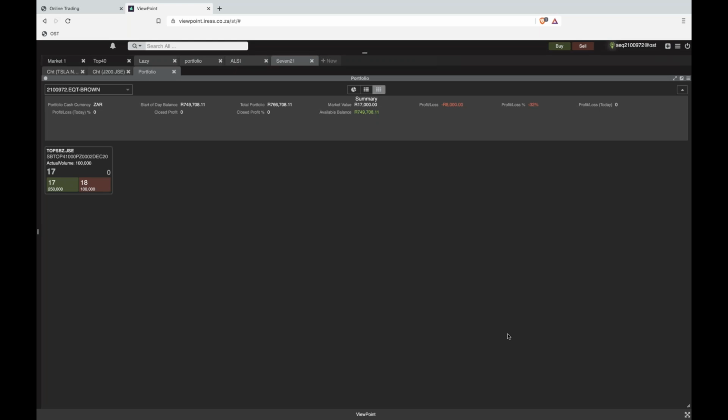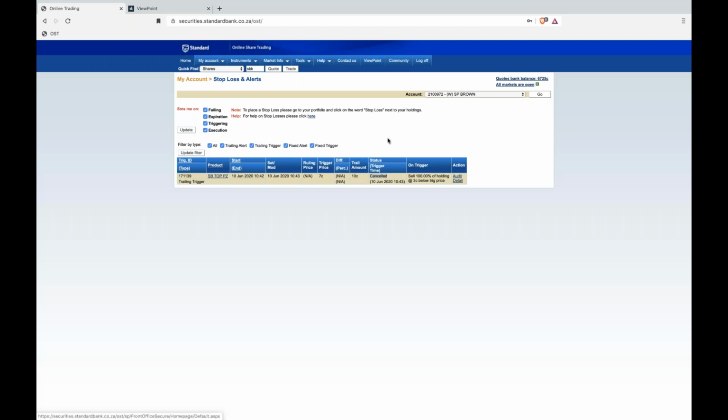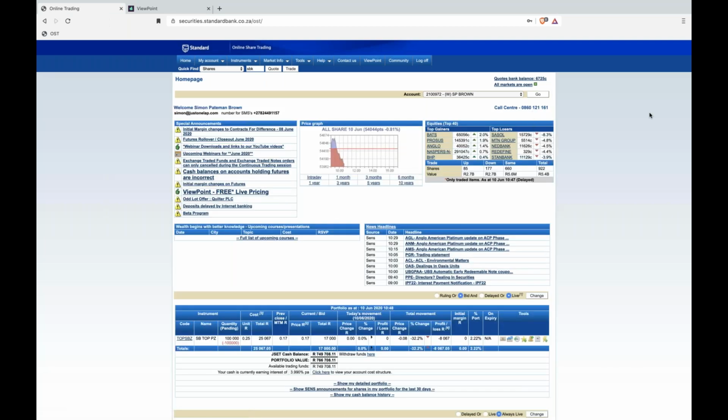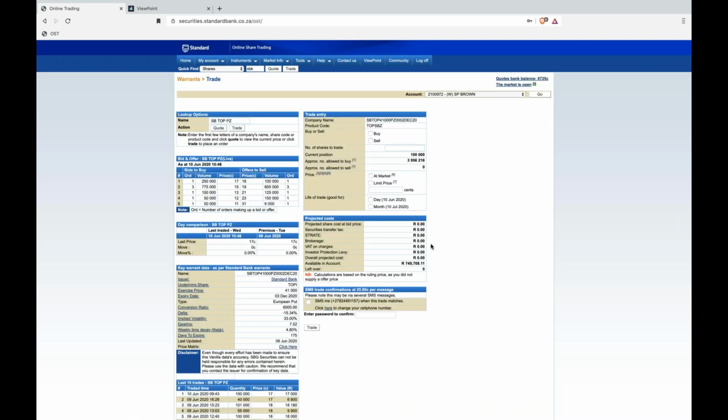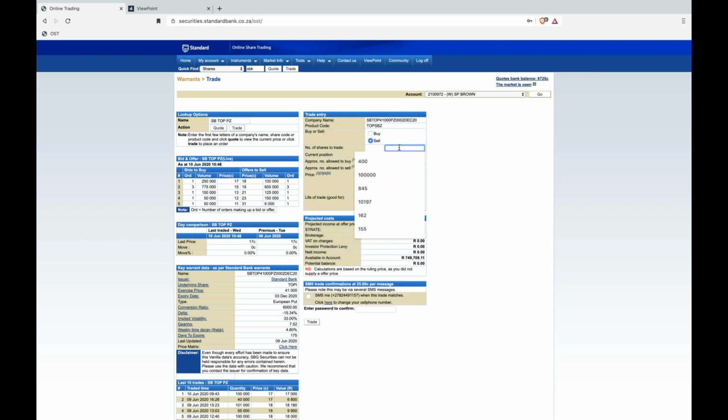Maketsi, how do I set a target value on OST? In other words, if you're looking to take profit, you literally just go put on sale. What I've done here with this warrant in particular, is I did this a while ago. And remember, trades are valid for 30 days. I just went and put it on market. So current position is 100,000. I said, please sell me. I put in the 100,000.